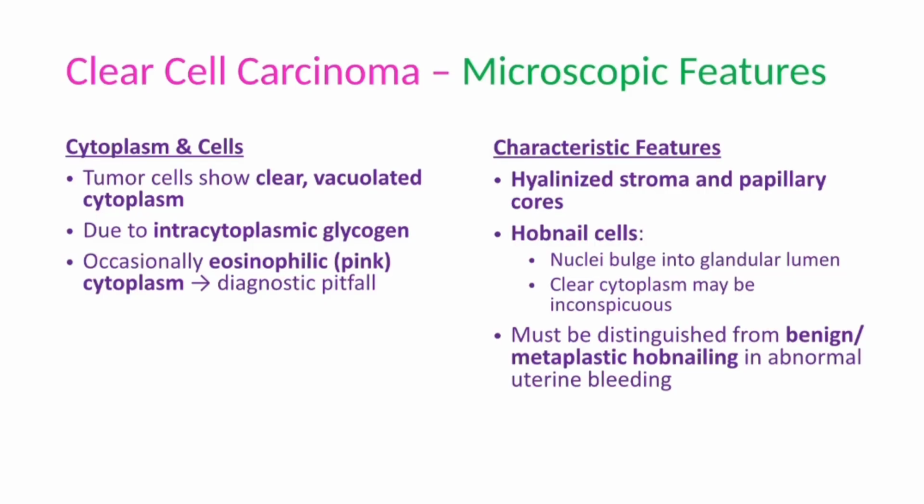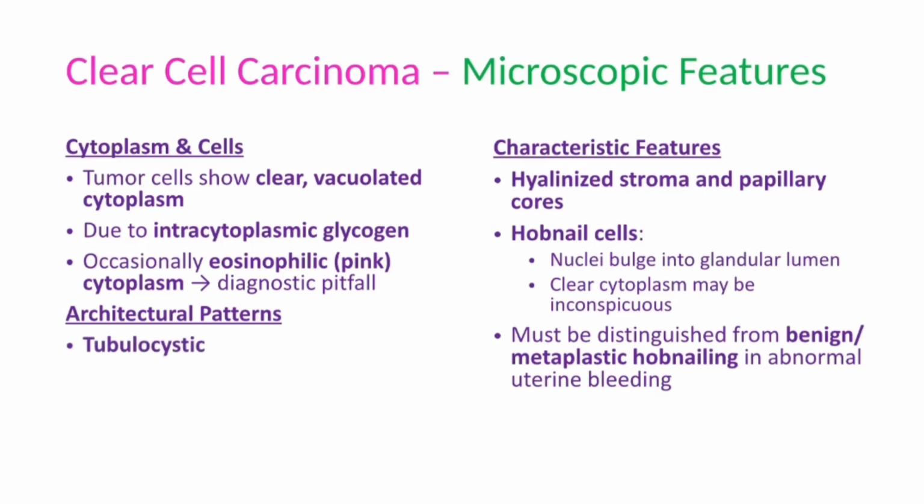Here, it is not necessary that only clear cell carcinomas show clear cytoplasm. Some of the tumor cells may show eosinophilic or pink cytoplasm. So at that time it is difficult to diagnose clear cell carcinoma.